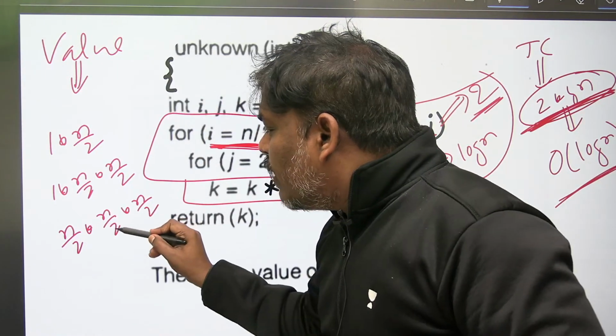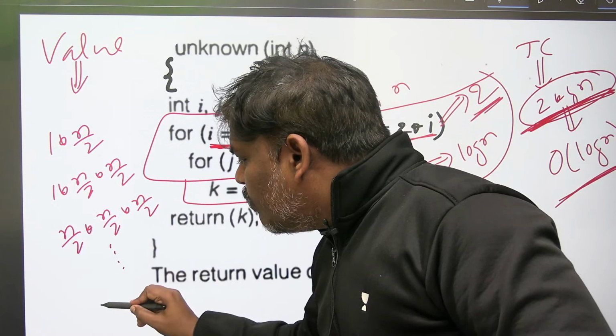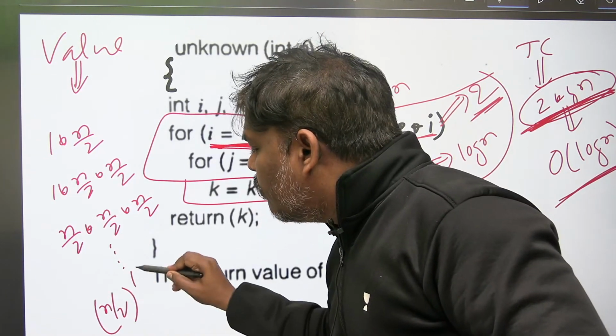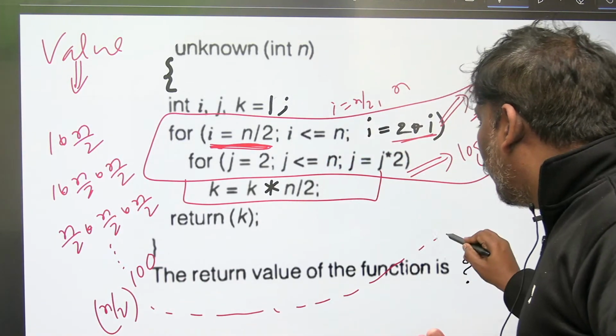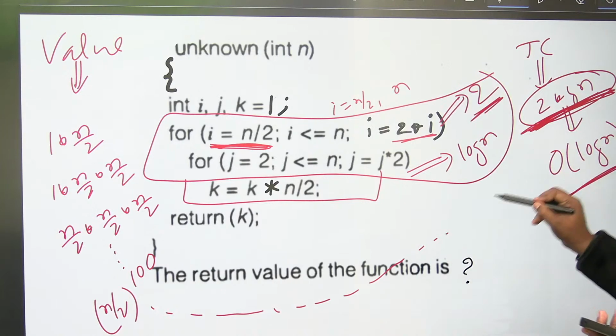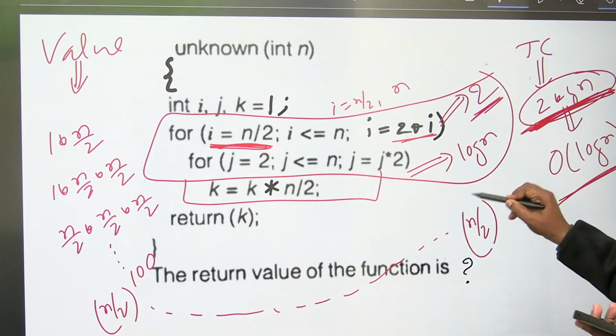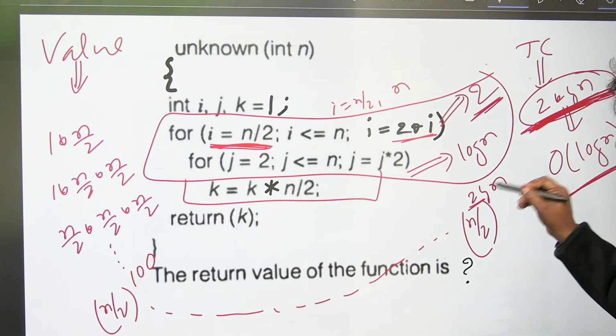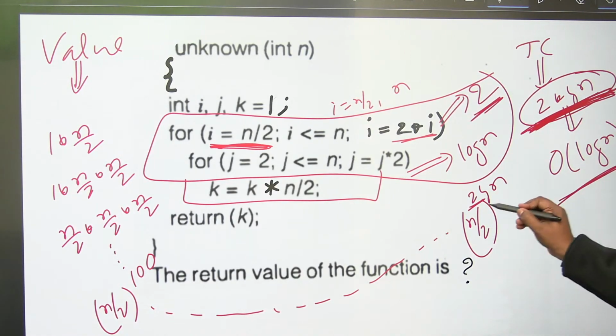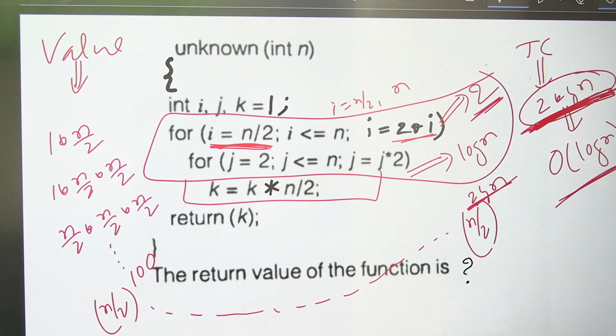If at all it is 100 times, it is n by 2 whole power 100. If at all it is 2 log n times, what is the answer? n by 2 whole power 2 log n. Remember, in the power, the constant also matters.